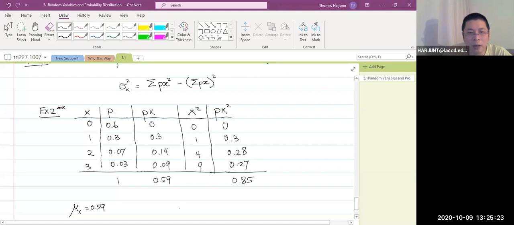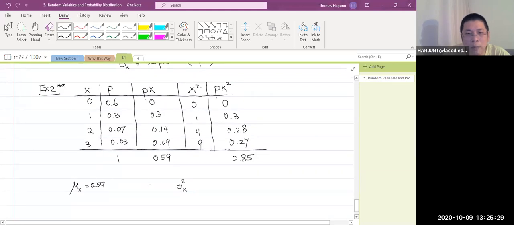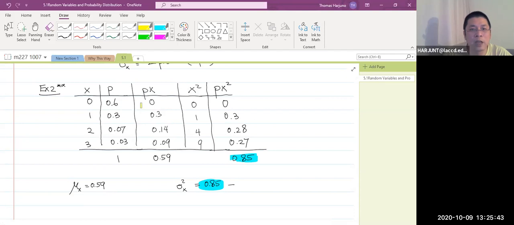So the variance of x is now the sum of x squared p minus the square of the sum of xp.